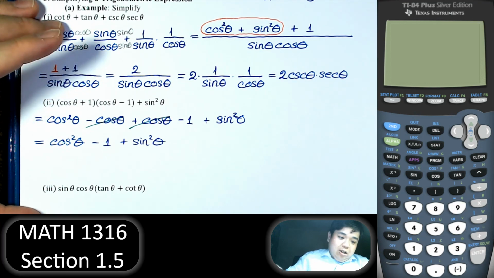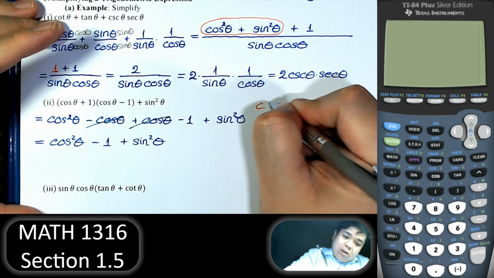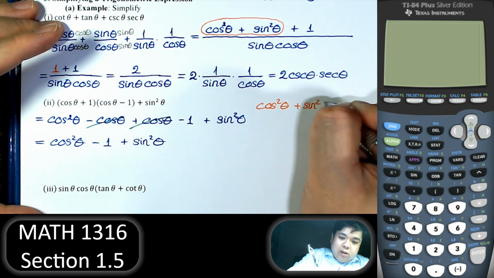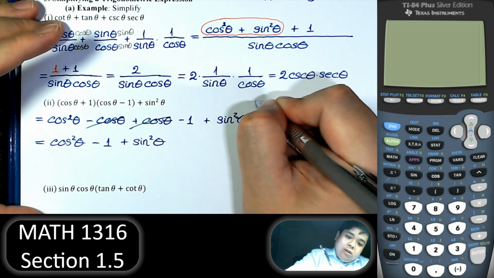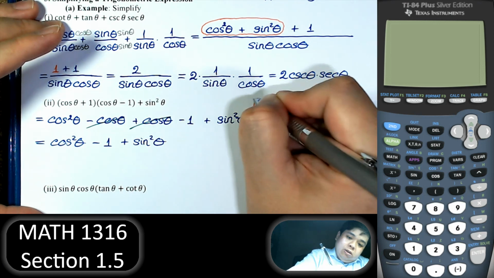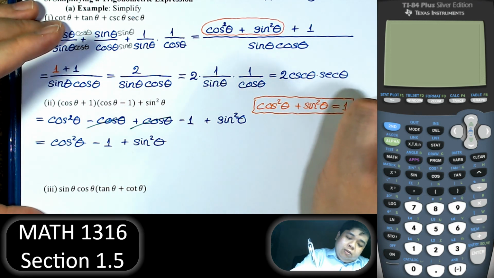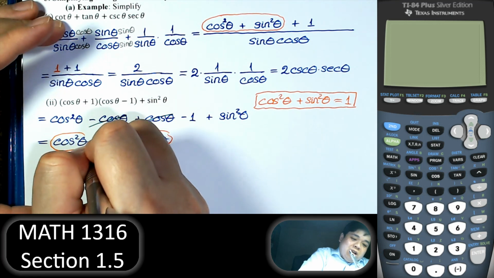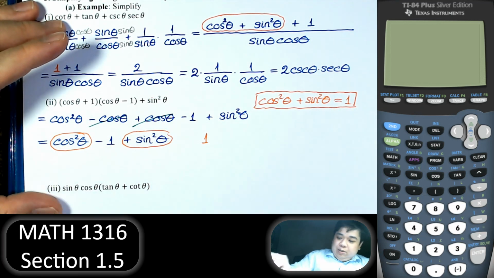Just like the previous example, cosine square plus sine square is equal to 1. So sine square, cosine square, it is 1.